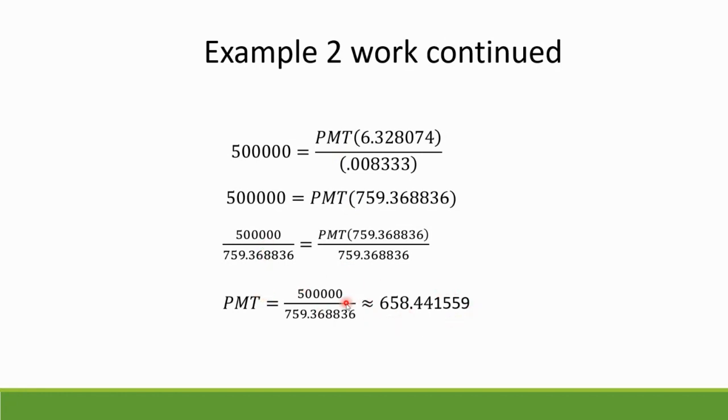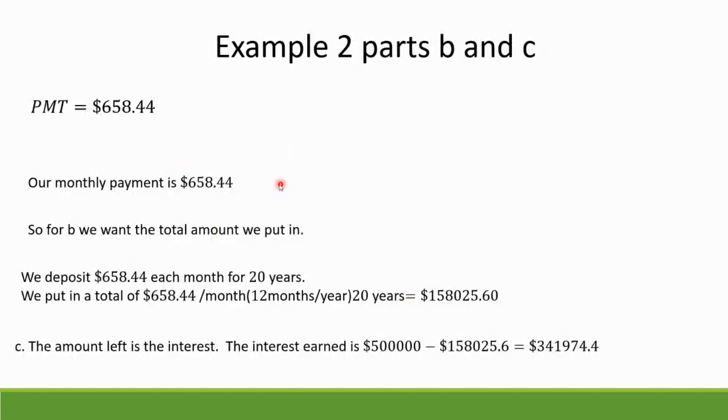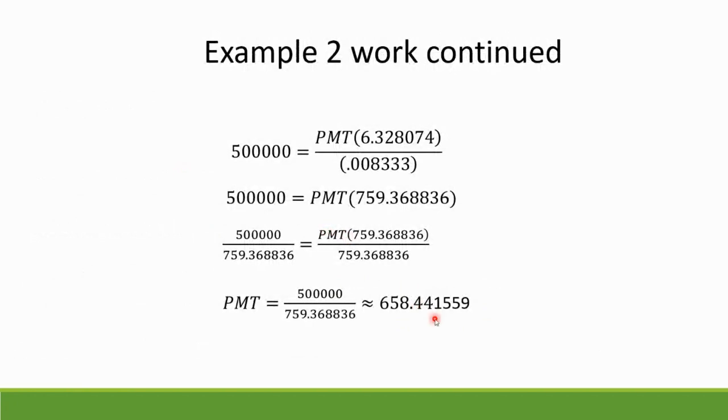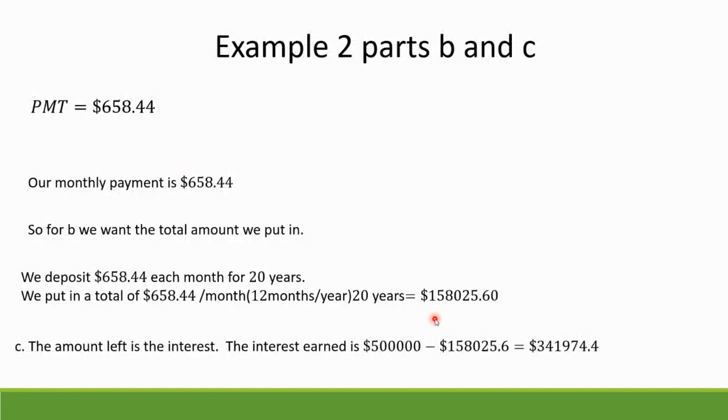But again, we want to round to 2 decimal places, and if you do, you'll get 658.44. So our monthly deposit is about $658.44. Monthly payment, excuse me, monthly deposit, or that's what that is. Not payment. Let me fix that.